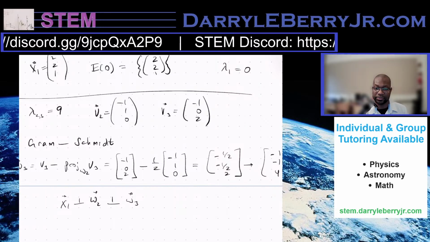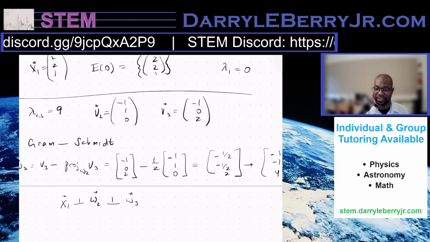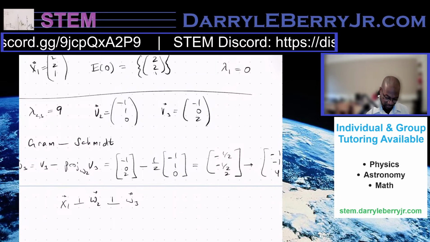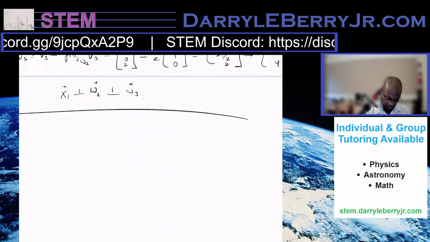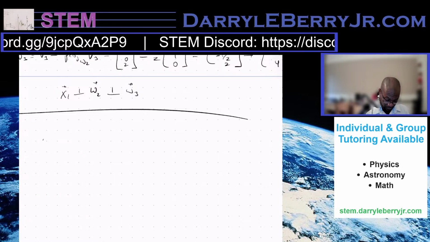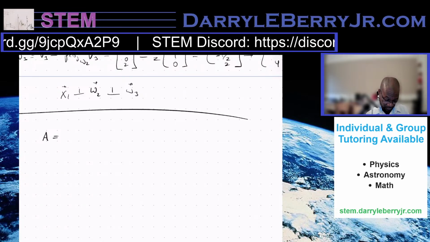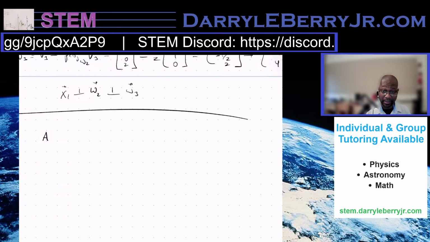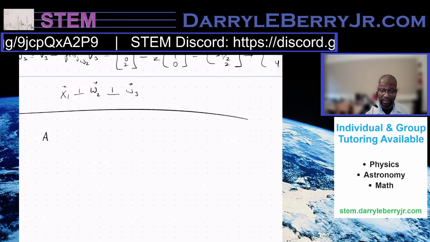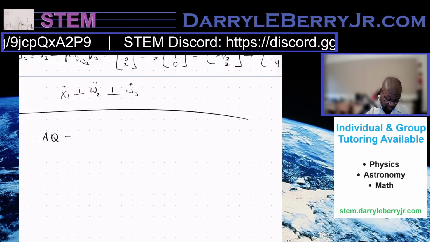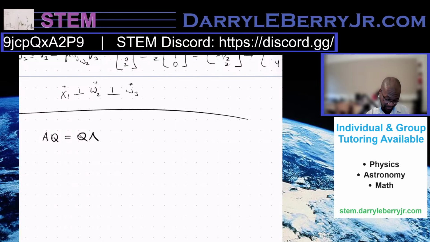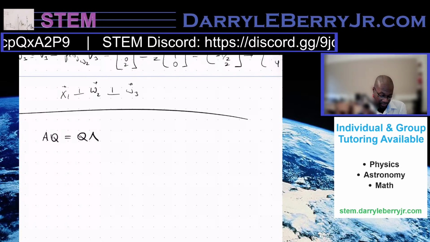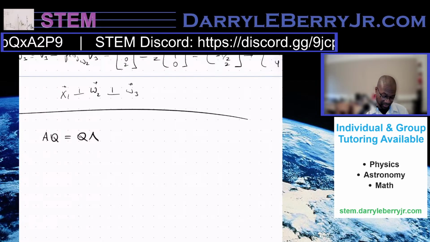We conclude this discussion with a comparison to our study of projections in chapter 4, which if we write out A, I'll start it like this, A Q equals Q diagonal. So as always, the chevrons on the outside, the matrix on the inside.